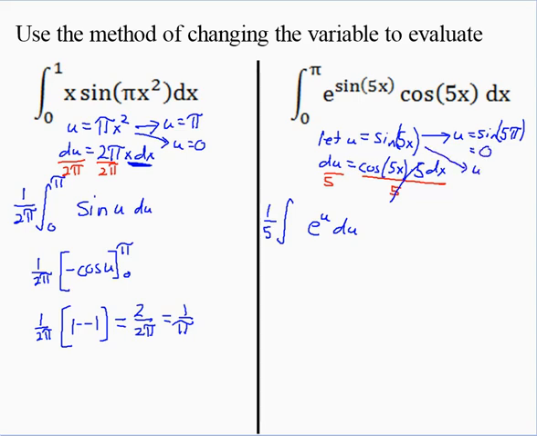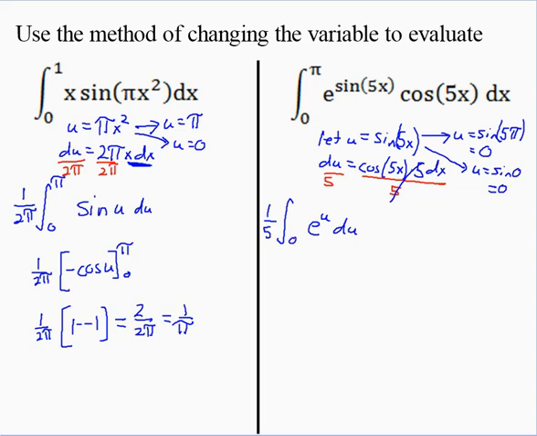And then plug in 0. So we'll have sine of 5 times 0, which is sine of 0, which is also just 0.